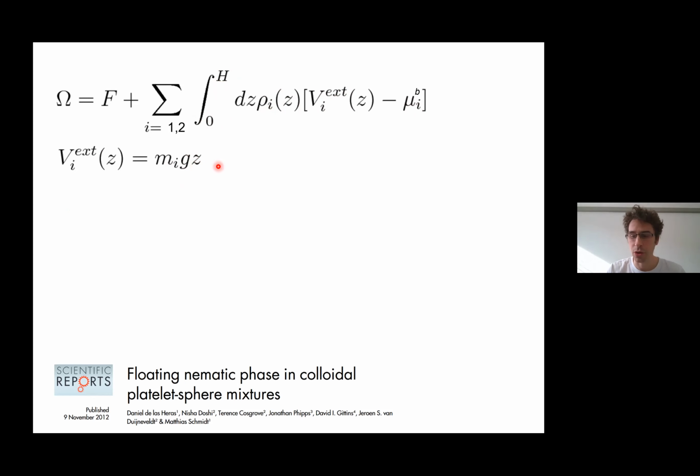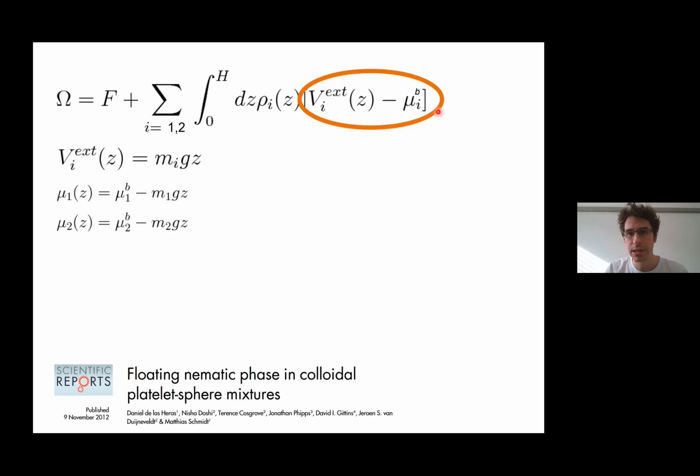So the only thing that we do is two things. First, we group this term here. We define what we call a local chemical potential, mu1 and mu2 of z, a local chemical potential for each species, which is the bulk chemical potential minus the gravitational field for each species. Yeah? And then comes the approximation.